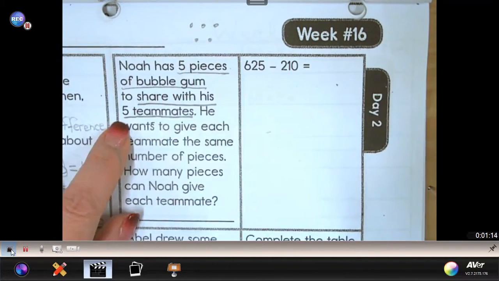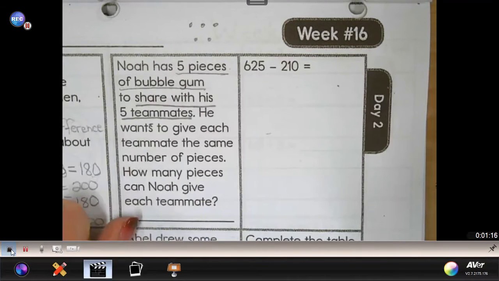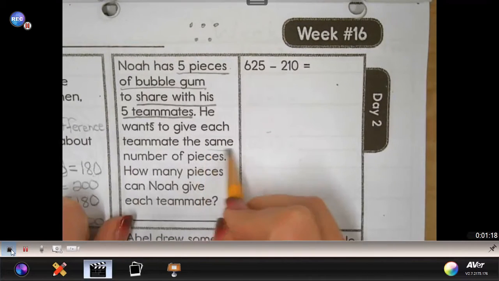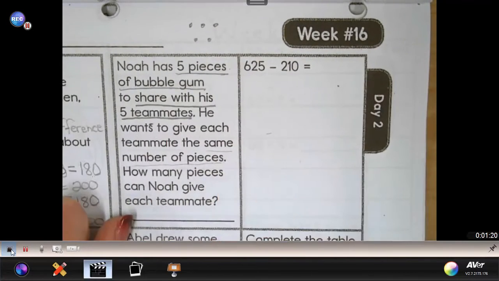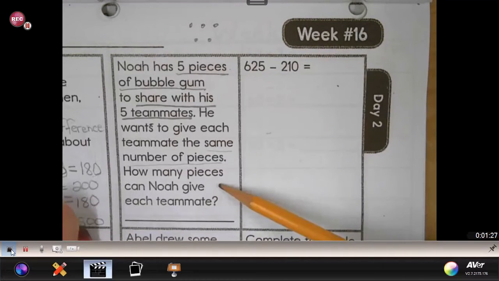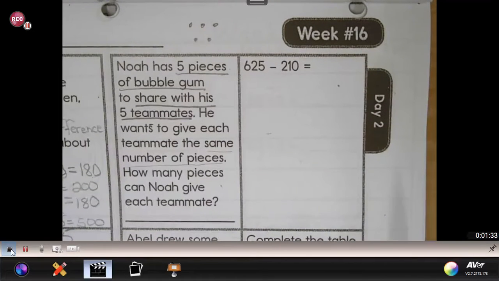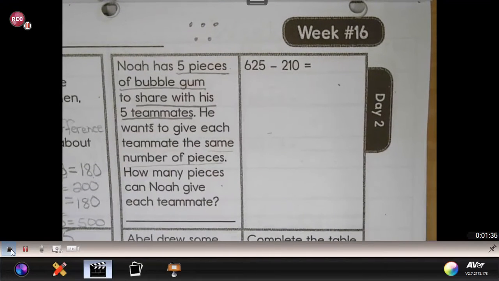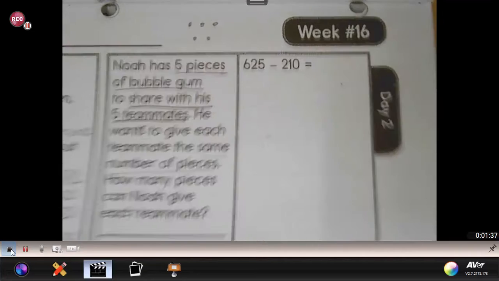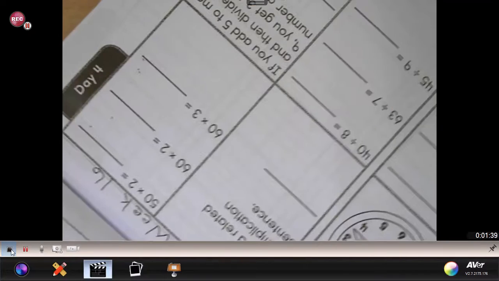And he wants to share the same number of pieces. Now that's very important, that they're each getting the same number of pieces. So this tells you that you're going to be dividing, because they want to know how many pieces Noah is giving each teammate. So I'm going to go ahead and turn to the back where I can show my work. And please do the same.